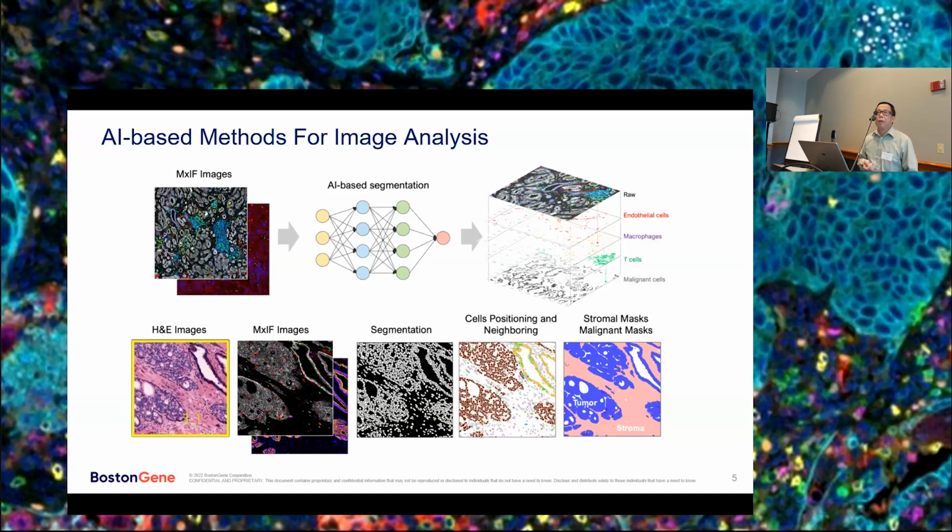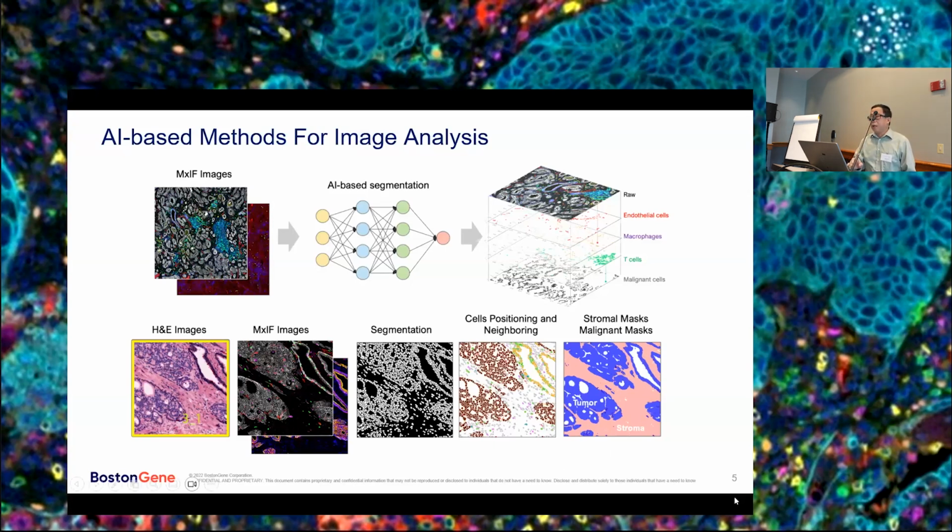This also uses our own algorithm, and based on comparison, it's better than the current available commercial ones. We are confident of that. After segmentation, the expression of various markers is identified and the cells are phenotyped.